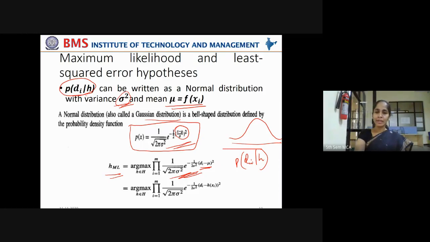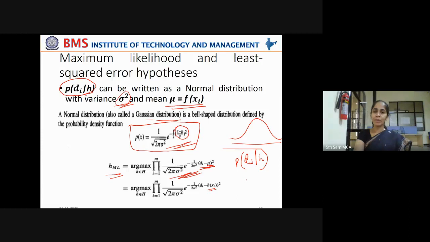Okay, now in the next step, instead of mean, you are applying h of xi. Can you tell me why? Because the mean of the probabilities is nothing but all the probabilities in the hypothesis space, right?